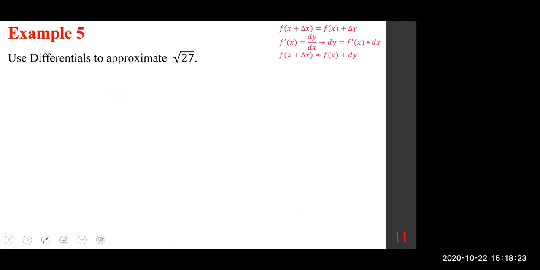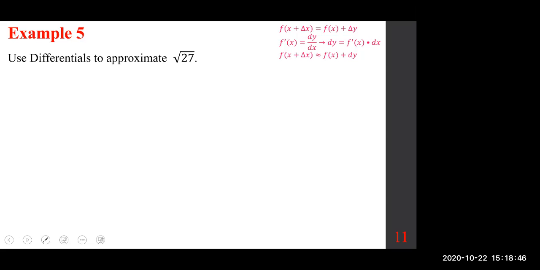Here's the next one. We want to come up with the square root of 27. We need two things. We need a function, and we need a number close to 27 such that the square root can be easily calculated in our head. Just read the question, square root of 27. What function do we need?